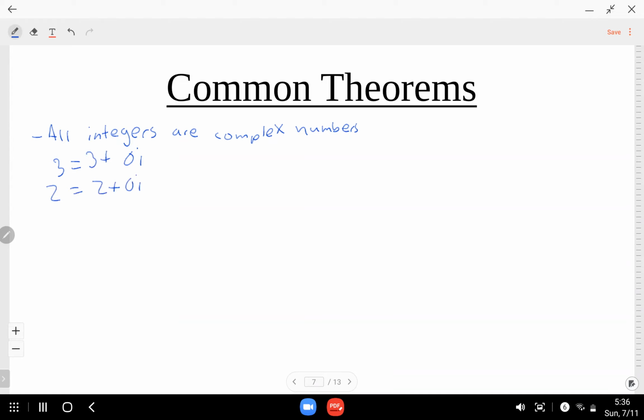As long as there is i present, even if it's 0i, it still counts. So all integers are complex numbers. Everybody take notes. Second theorem.